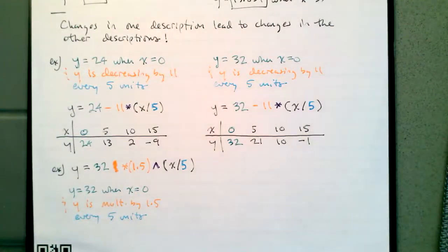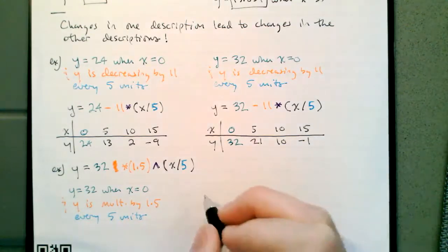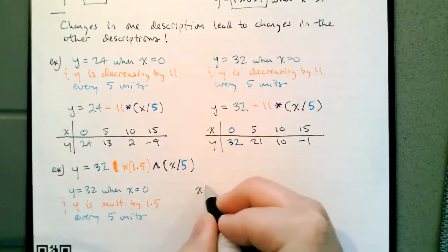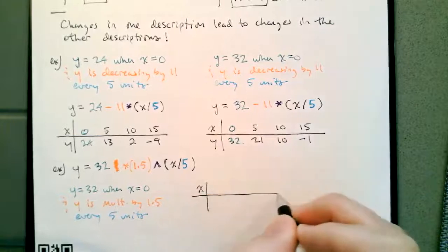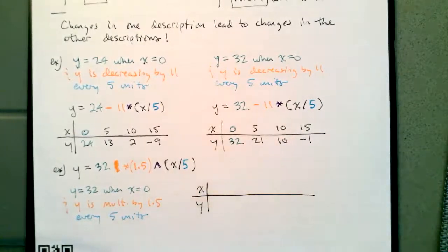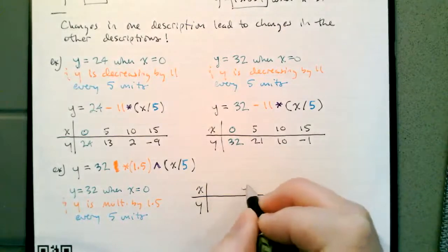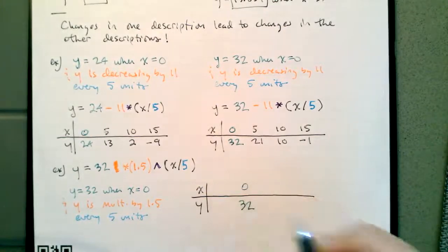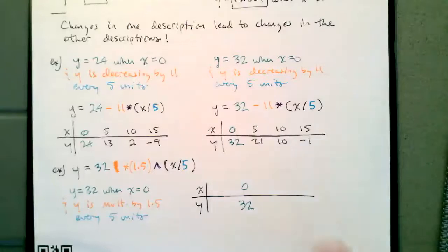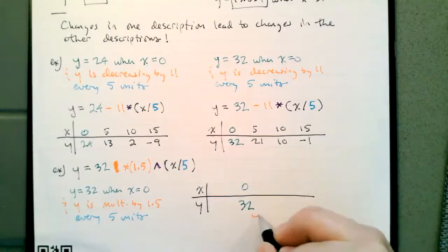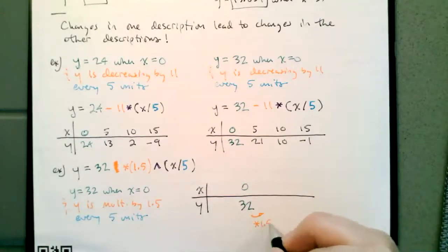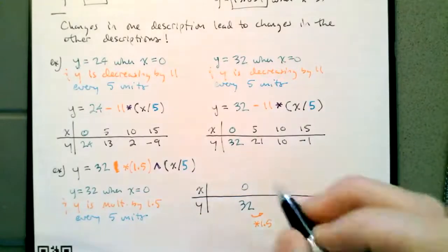If we wanted to come up with a table of values to give our reader some samples of what's going on, we'll say, well, start off at 32. And we'll multiply by 1.5 every 5 units.